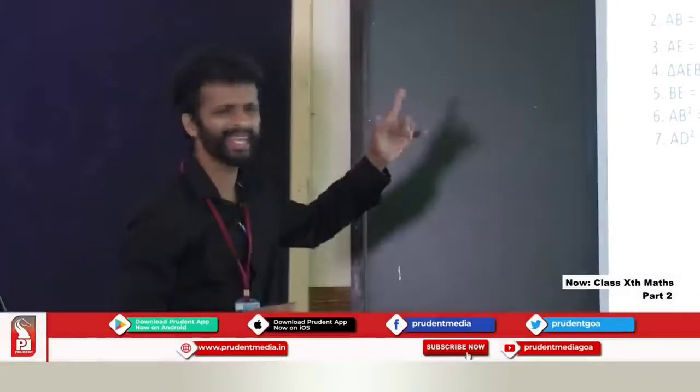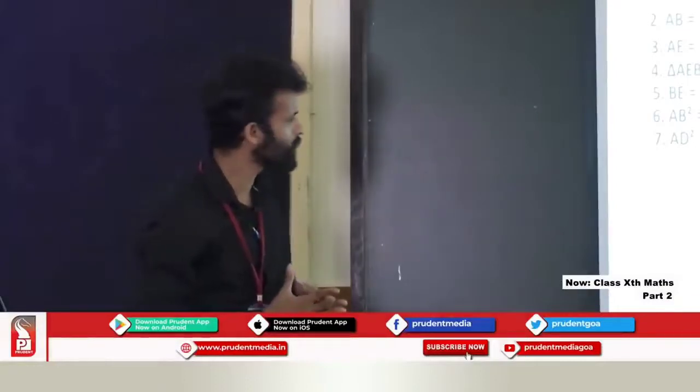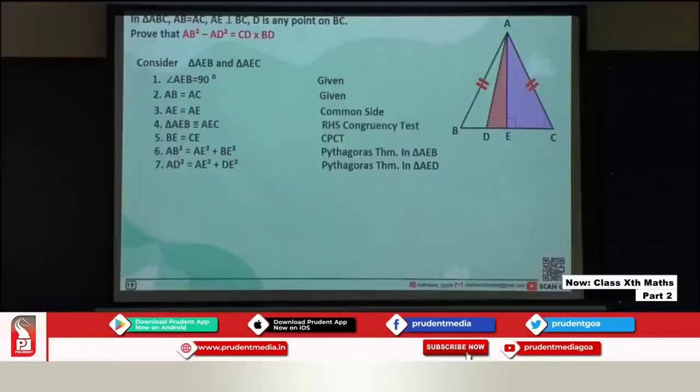So can you guess what would happen to step number 6 if I keep AE square on one side? It would be AB square, and BE square, which is on the right hand side, comes to the other side and becomes minus BE square, right? It would be written like this.